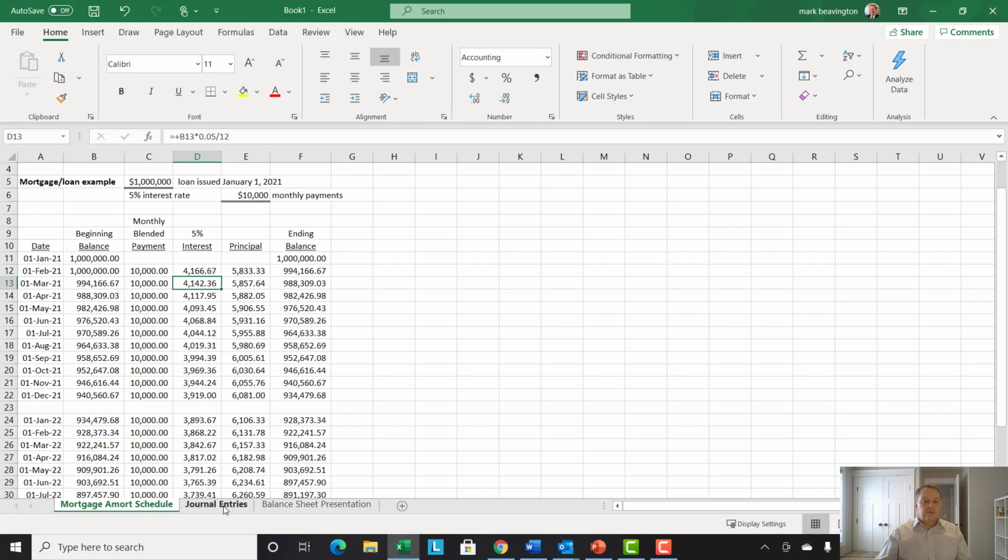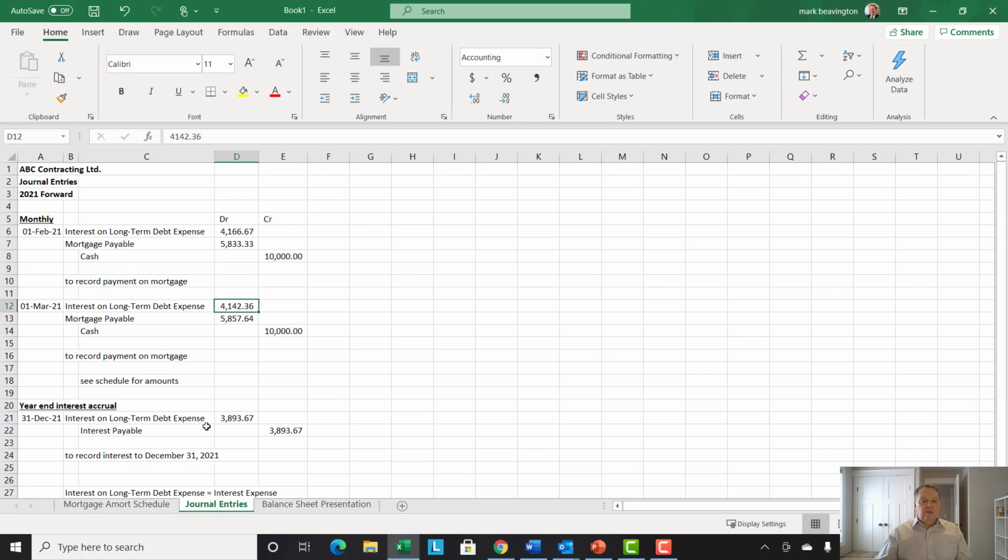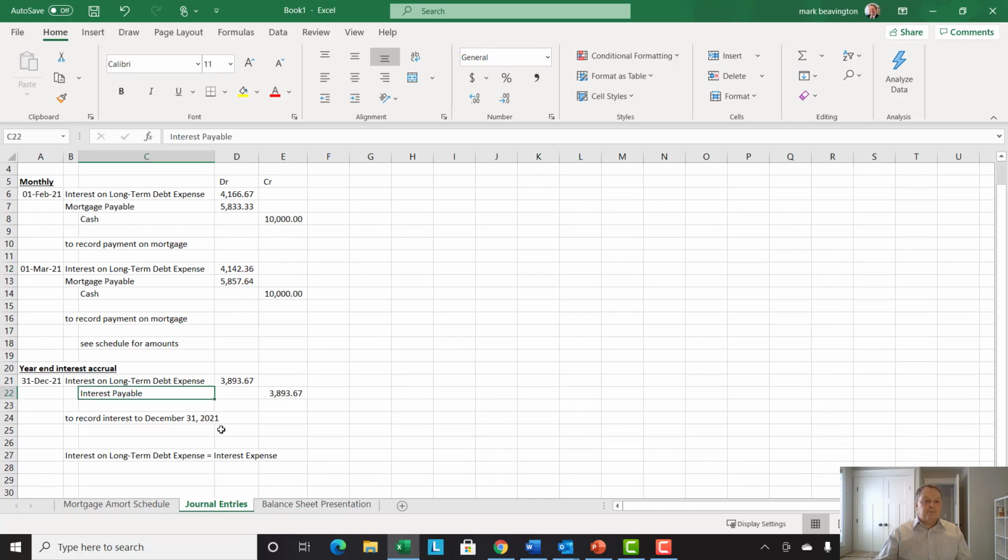mortgage amortization schedule. And then one entry to watch for here is the year-end interest accrual. At the end of the year, we've been making payments on the 1st of every month. So on December the 31st, we owe one month of interest on this loan. So it's important to set up the amount of interest that's payable. We haven't paid it yet. We won't pay it till January the 1st.